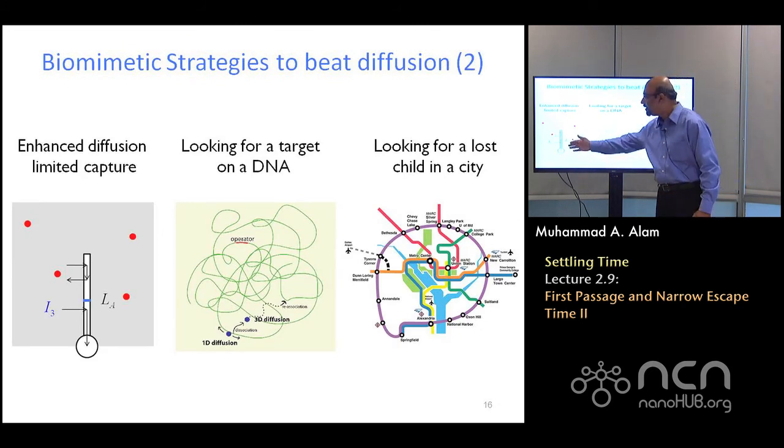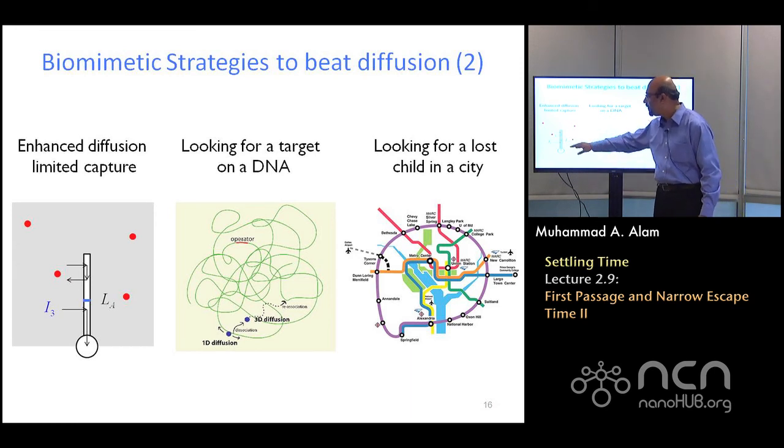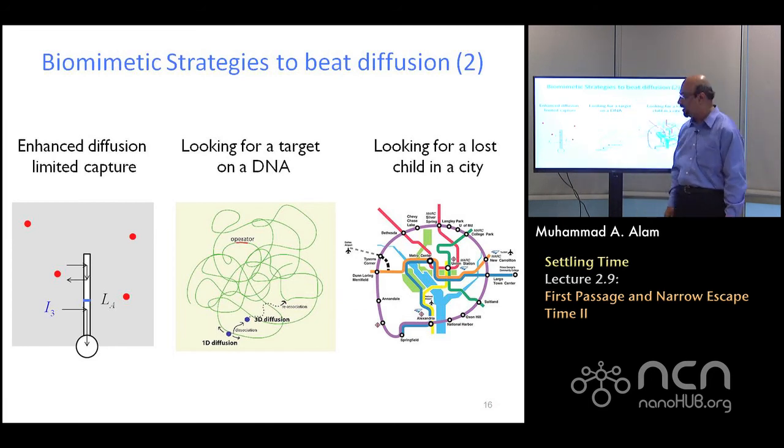The last biomimetic approach that we talked about was essentially using an antenna to enhance capture to the biosensor. And that analysis gives you an amplification which is proportional to LA, the distance where the particle is captured and delivered to the sensor surface, divided by the radius of the sphere.